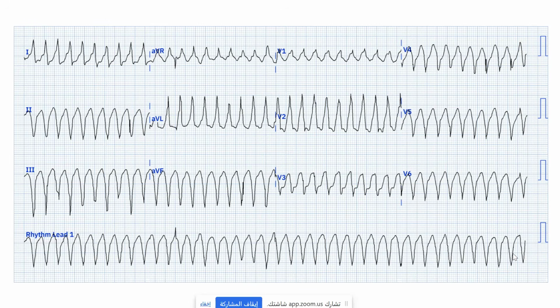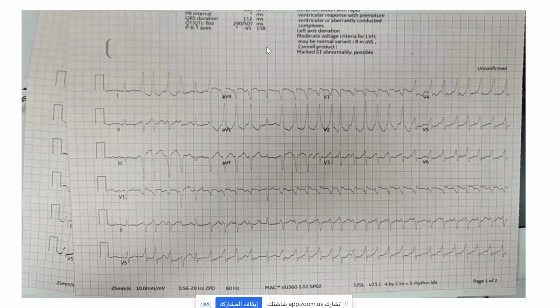When a beat is different from the others, it is likely a fusion beat. If it is narrow and preceded by a P wave, it is likely a capture beat. If you look at the aVR lead and have a dominant R, this is likely VT. All these features point towards VT. Okay, thank you.